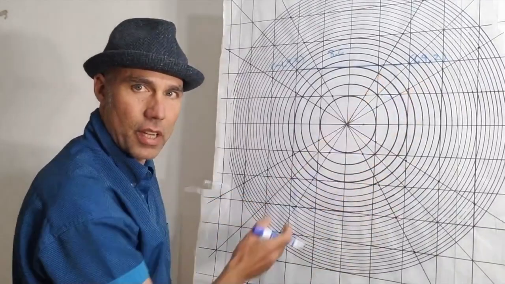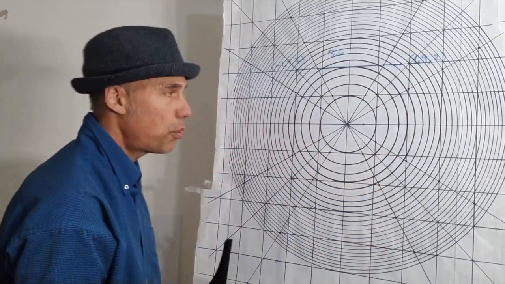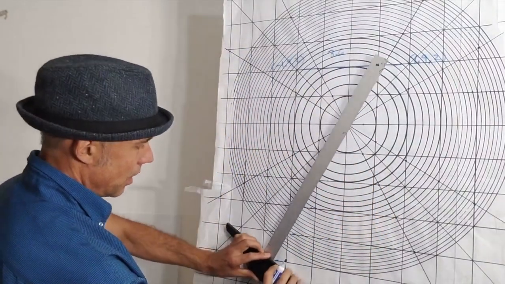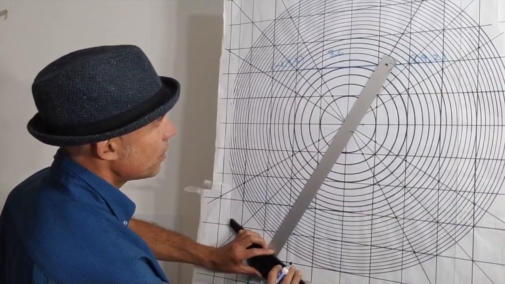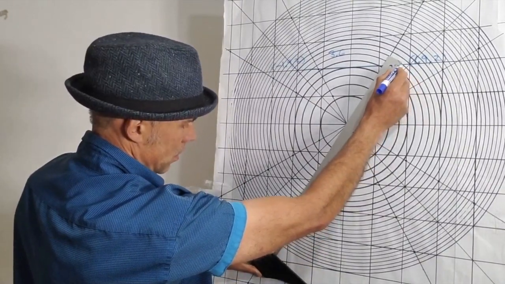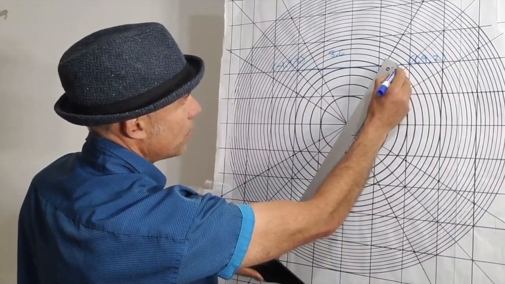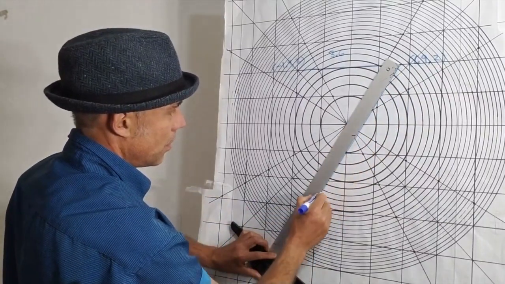Okay, so now I'm going to connect all those points with one long line. I think I can just squeeze it in here as the total length of this T-square. All right, well, there we go. I'm just going to start it, and there we go.